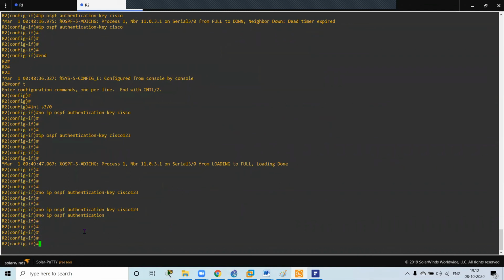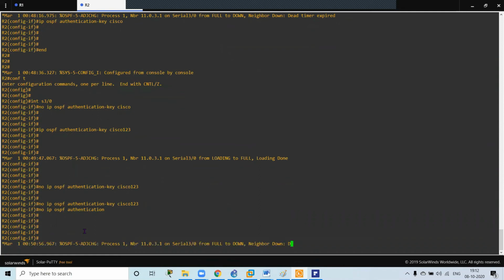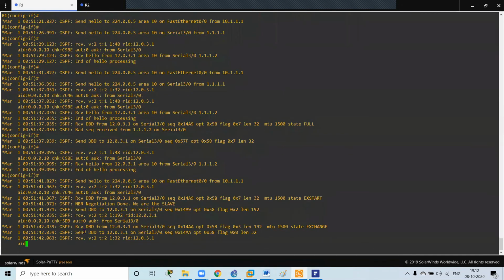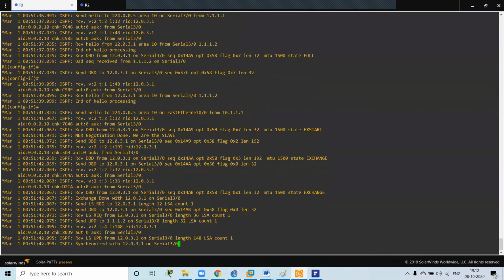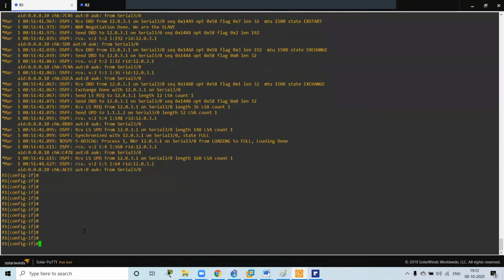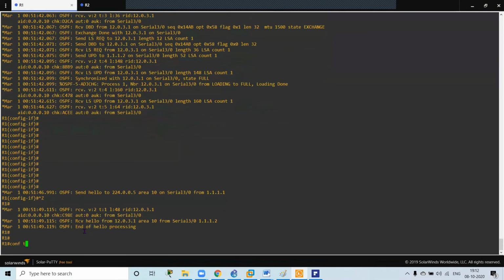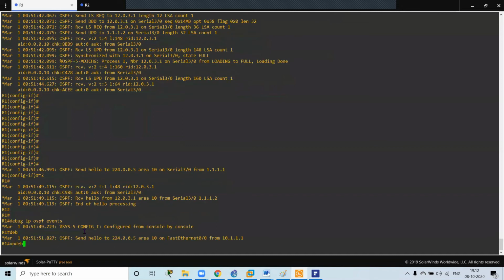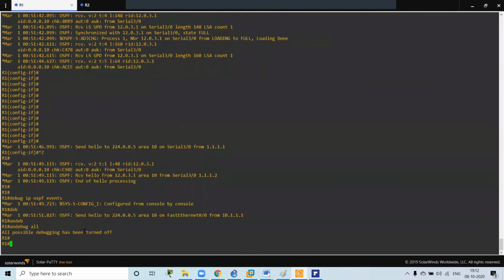Now, if I want to configure MD5 authentication, what do I need to do? I'll undebug all.